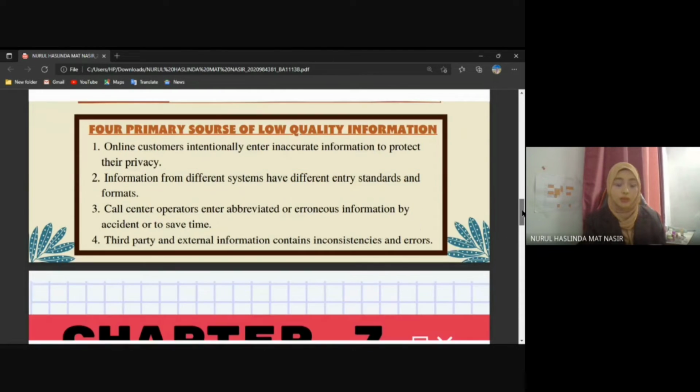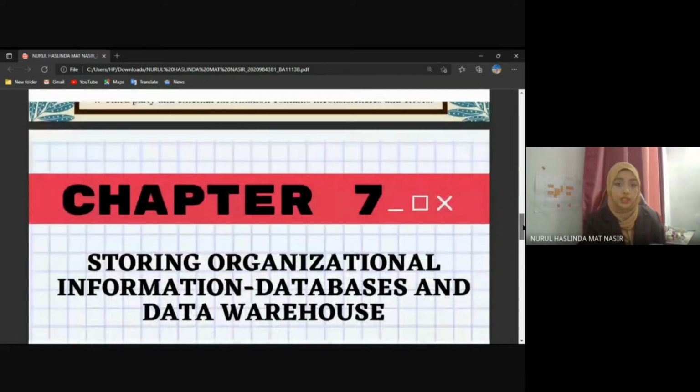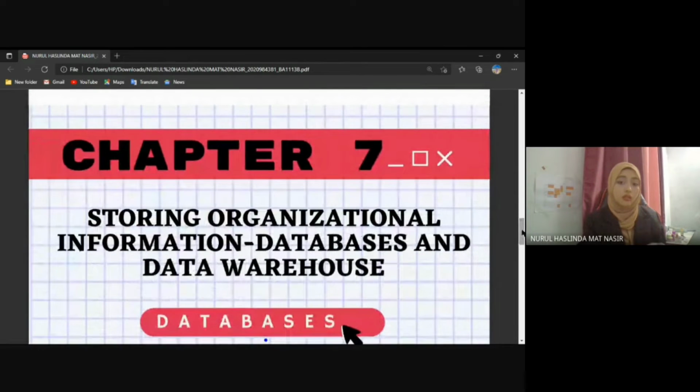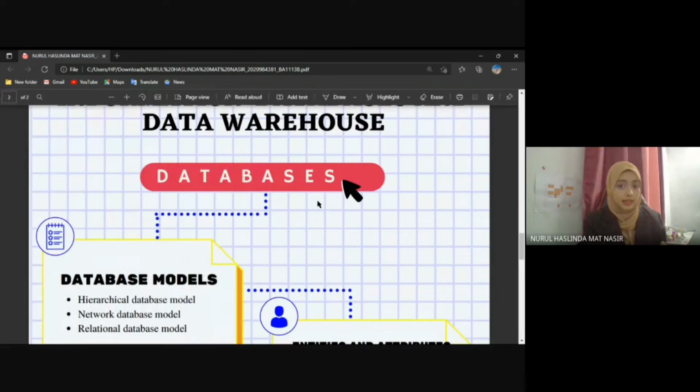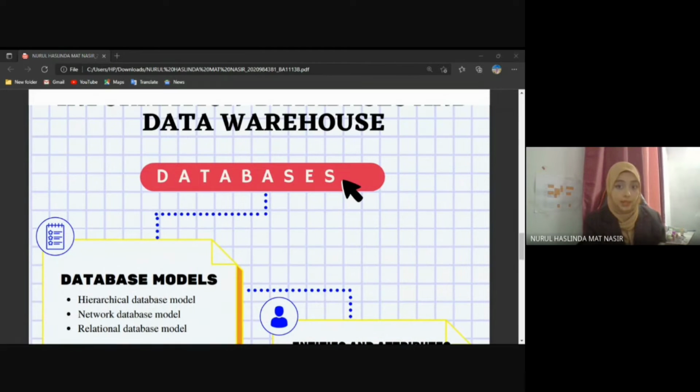Now, I will move to the next slide, which is chapter 7, storing organizational information, database and data warehouse. What is a database? A database maintains information about various types of objects, events, people, and places.